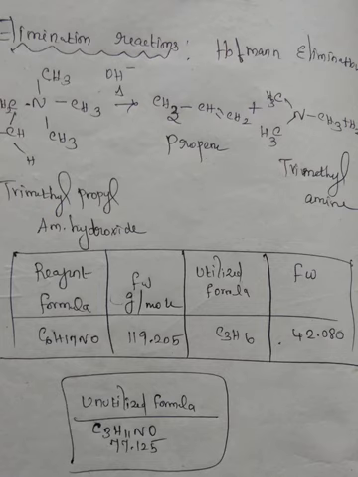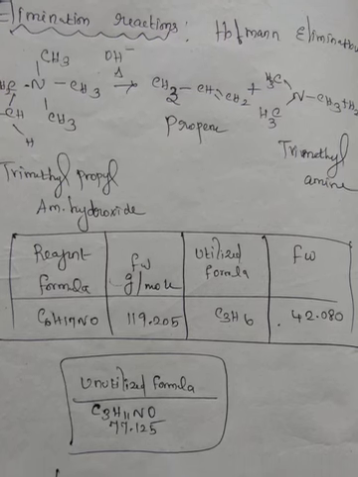Next example is elimination reactions. In Hofmann elimination, trimethyl propyl ammonium hydroxide gives propene as the main product and trimethylamine as a byproduct. Here the reagent formula is C6H17NO. Formula weight is 119.205.